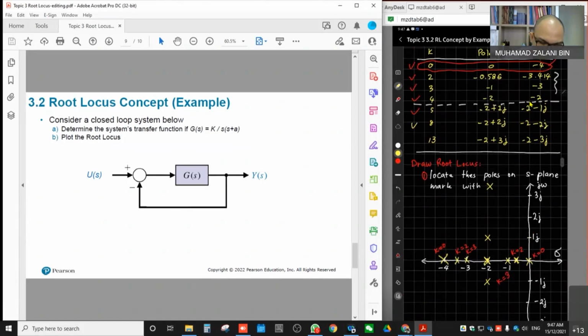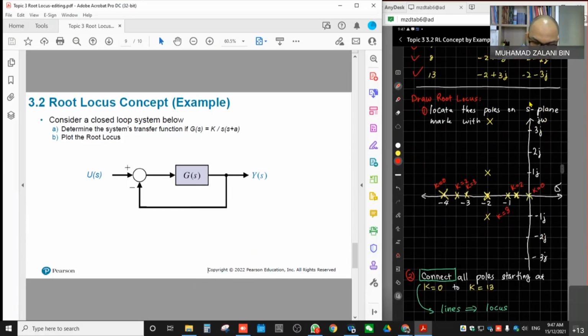Then continue k equals to 8 and k equals to 13 until infinity. Alright. So until infinity, actually we can expect that the location will be moving toward infinity, just like that. Alright.